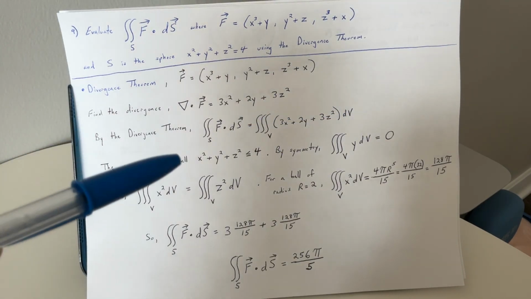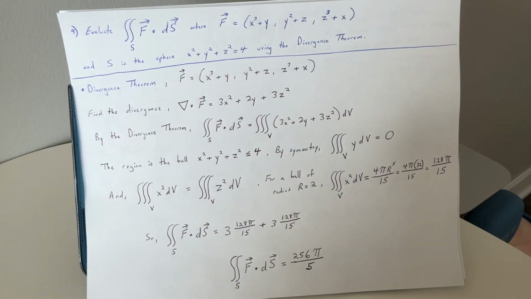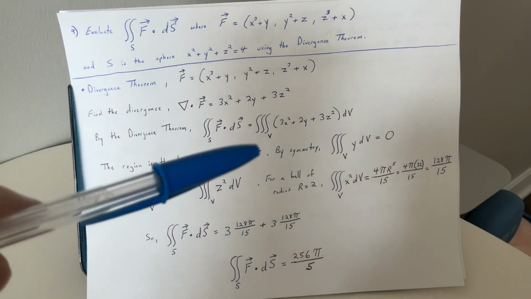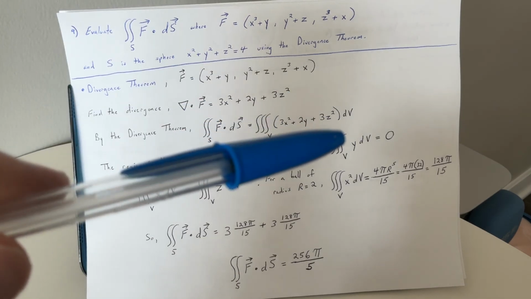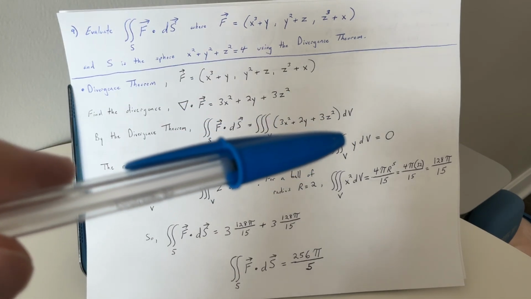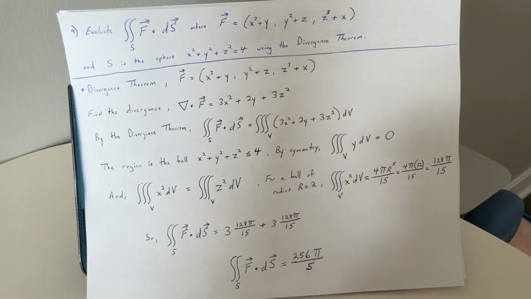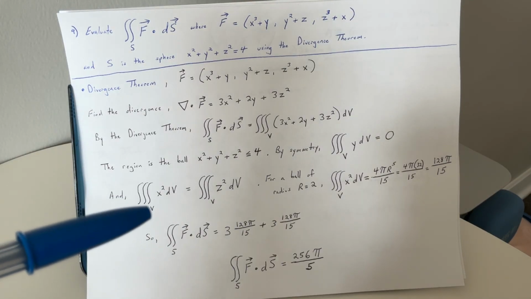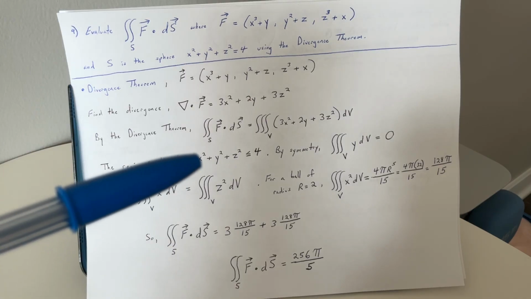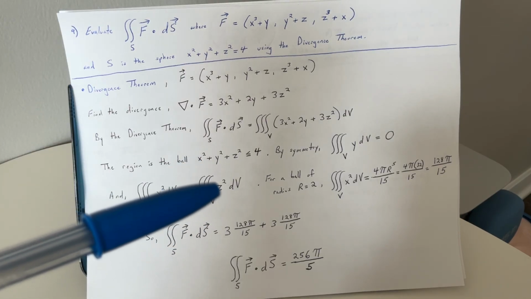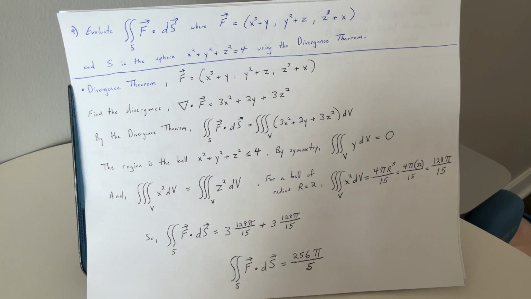So the region is going to be the ball x squared plus y squared plus z squared less than or equal to 4. And by symmetry, the triple integral over V of y dV equals 0. And the triple integral over V of x squared dV equals the triple integral over V of z squared dV.